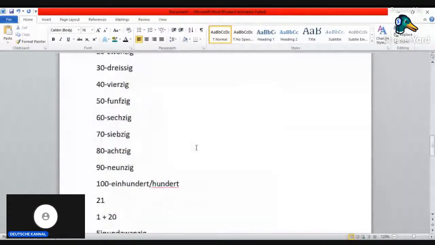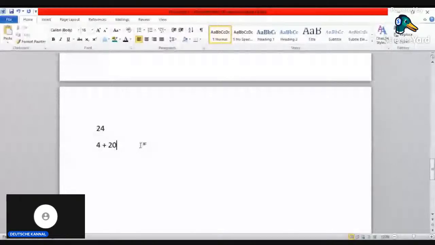So when you put together 4 and 20, we say vier, then you remember to add und, then the 20. It's easy. Here, the most important thing is the und in the middle of the two numbers.